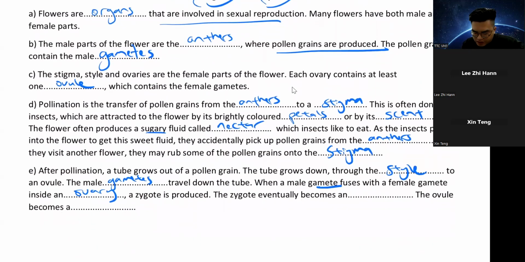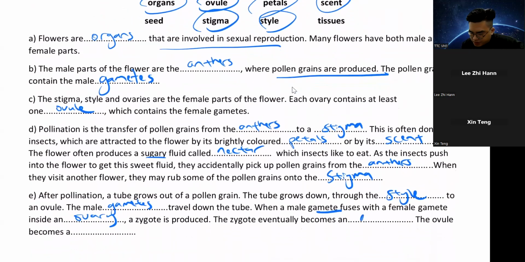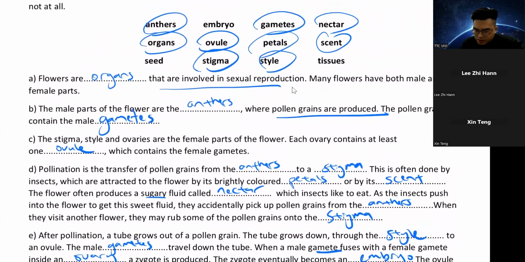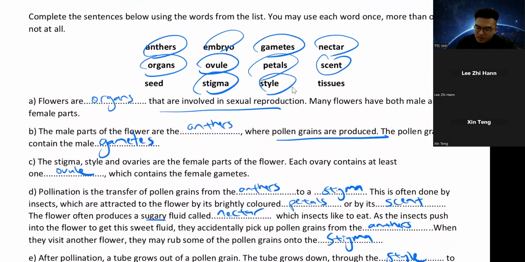There's no ovary here. Okay, zygote eventually becomes an embryo. Becomes a seed. Okay, so there's an extra word here, but the tissue here is not used. So it's a bit weird here.